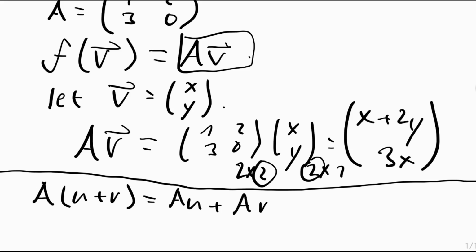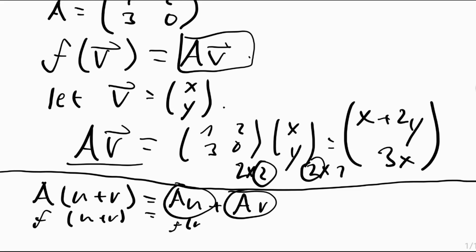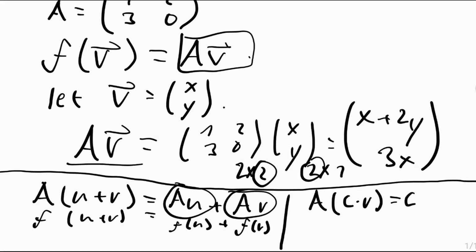And thereby, if we define the whole linear map as multiplying by a matrix from the left side, we have an instance of the thing that matches the idea of f of u plus v equals f of u plus f of v. And we also do the same with scalars. So A of c times v: when we multiply a vector on the right by a matrix, we can take the constant that multiplies the vector outside the whole calculation. So it would end up like this. It will work out. So these things are satisfied.